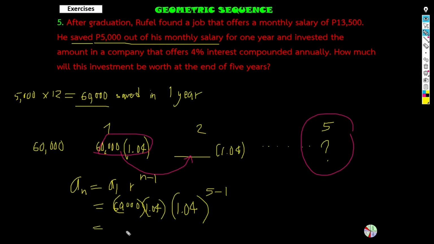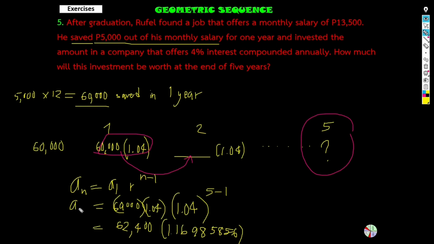So that will be 60,000 times 1.04, which will give you 62,400, and then multiplied by 1.04 to the power of 4, because 5 minus 1 is 4. That will be 1 point, it's a long number, 16985856.